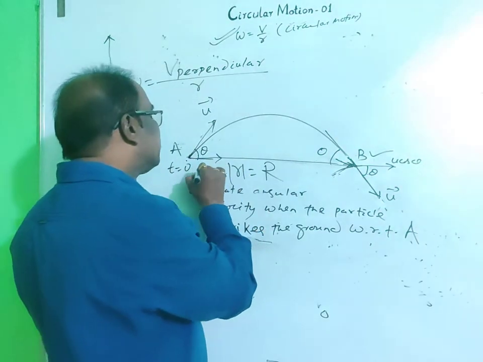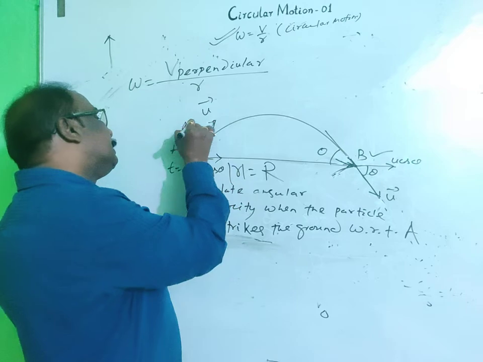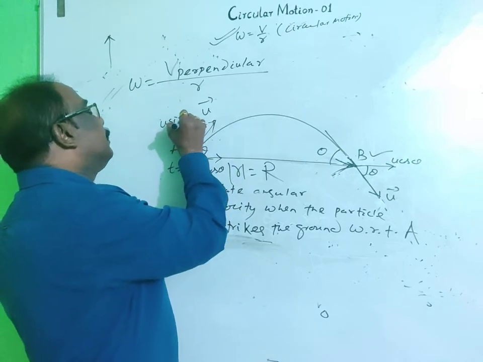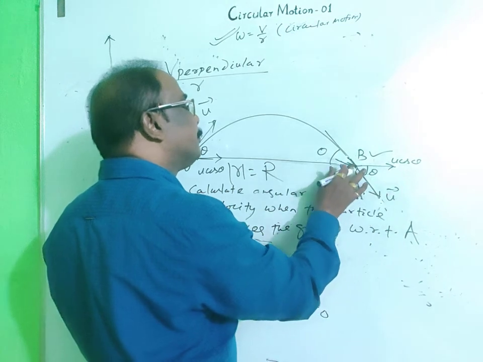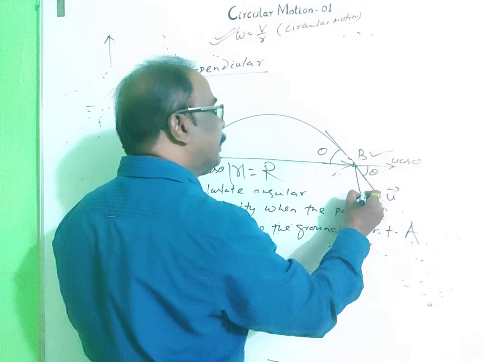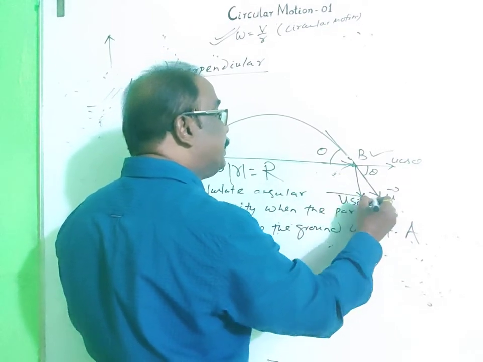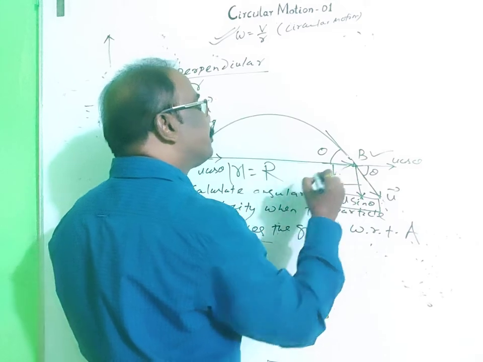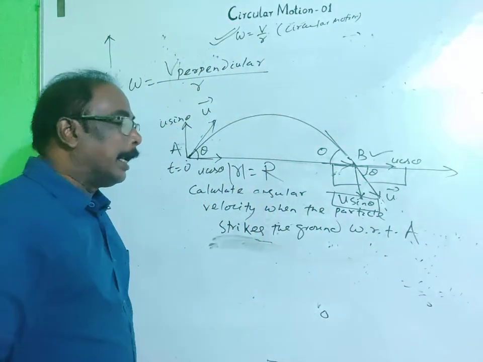The horizontal component always remains constant, and this is u sin theta. Since theta is the same and u is the same, the vertical component is also u sin theta. So this is V perpendicular because this angle is 90 degrees. As you produce this position vector, this angle is also 90 degrees.